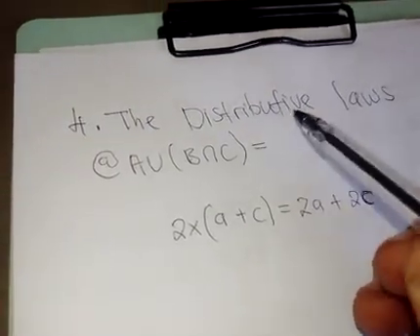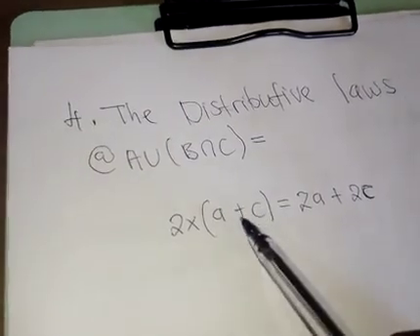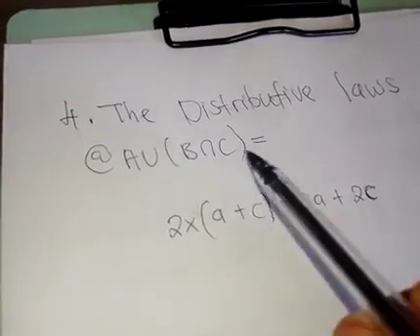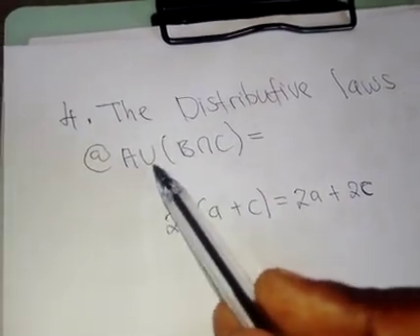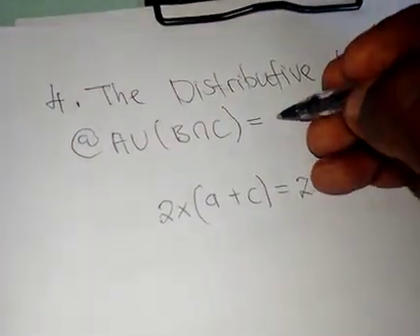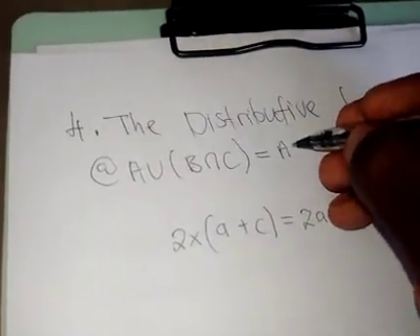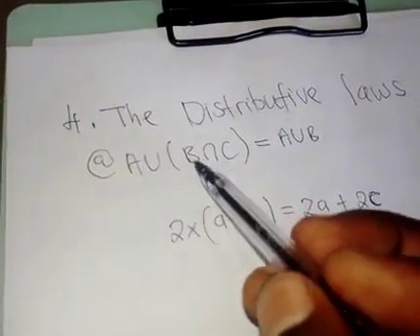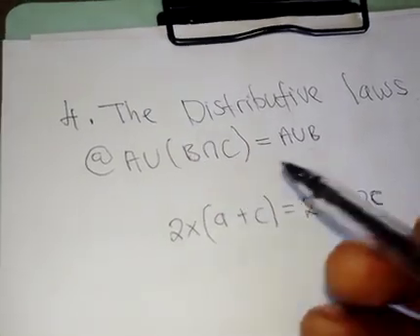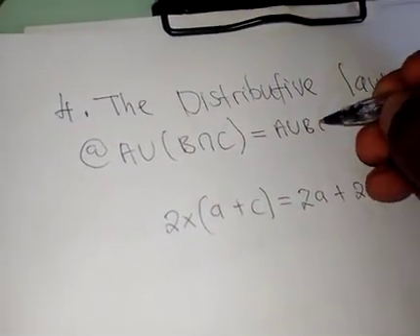Here, as you can see, this plus is in between, so you expect intersection to be in between when you distribute A union. So here we have A union B. A union has been distributed to B. Then in between, there should be intersection.